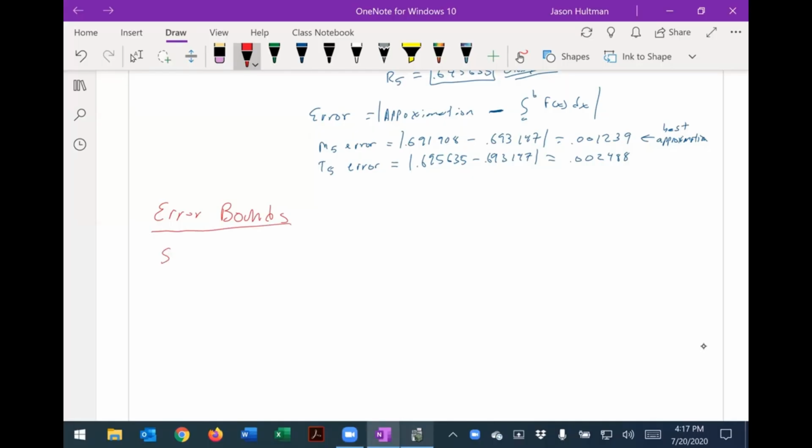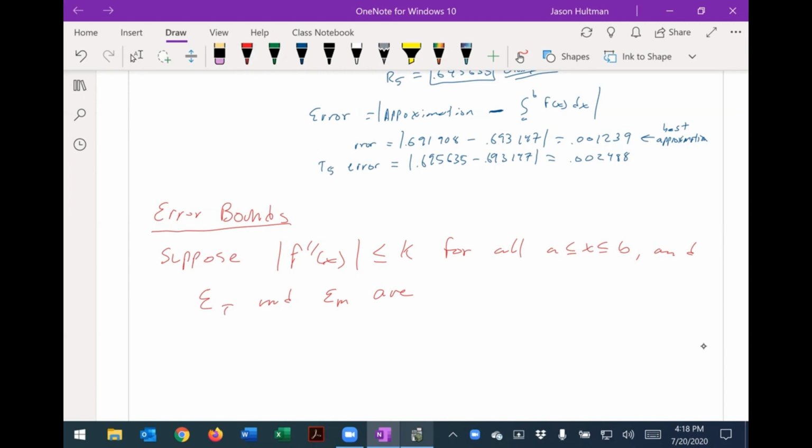Suppose that the absolute value of f double prime of x is less than or equal to K for all x between a and b. And the errors of the trapezoid and of the midpoint are E sub t and E sub m.